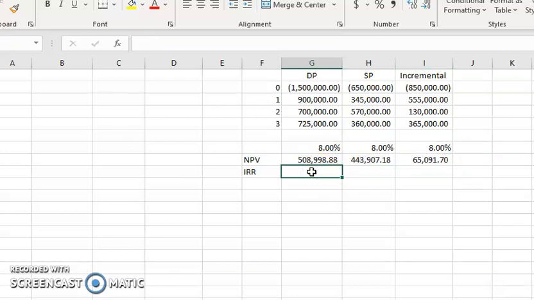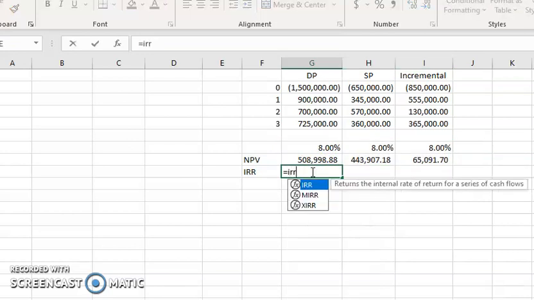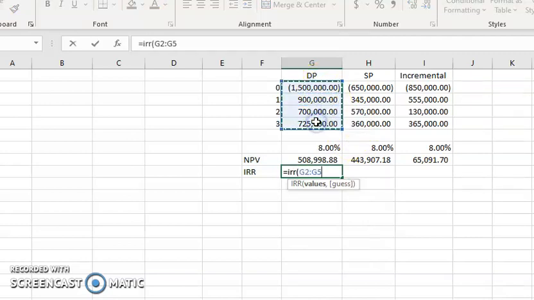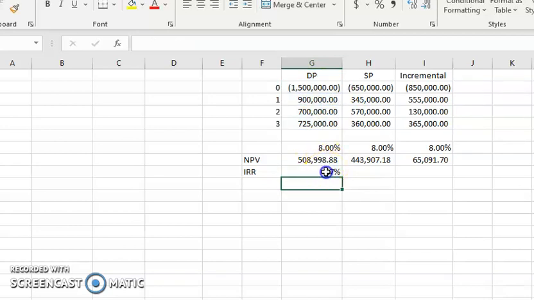Now IRR. All you have to do is highlight the entire range for IRR, add a couple decimal places, drag it across.